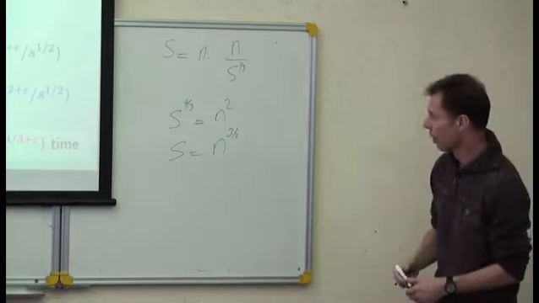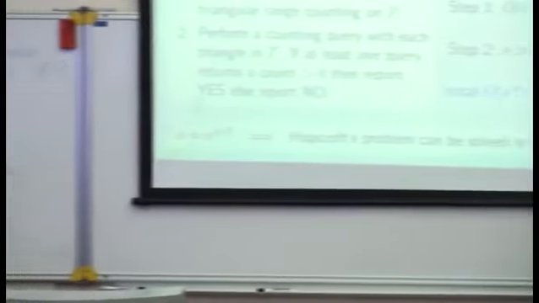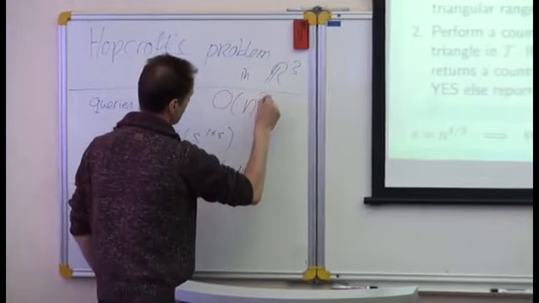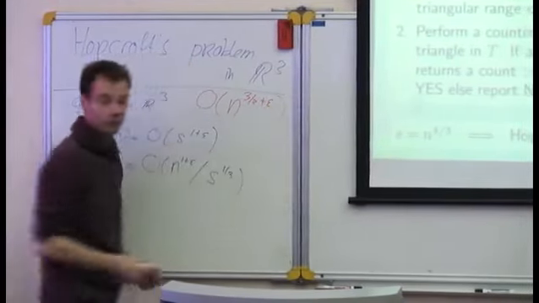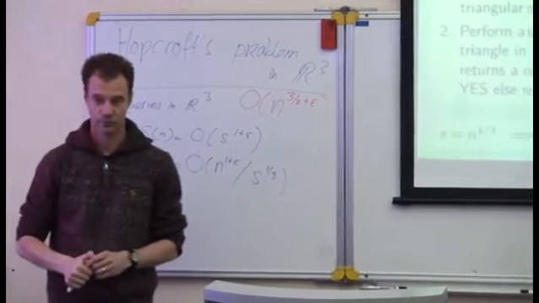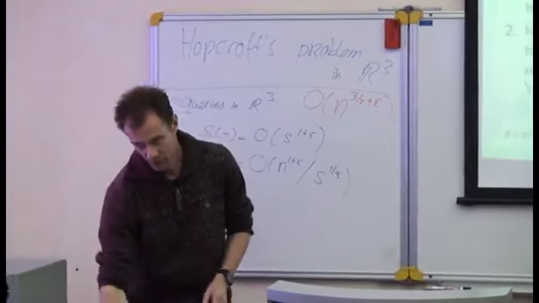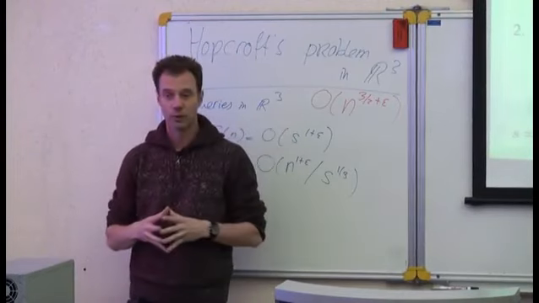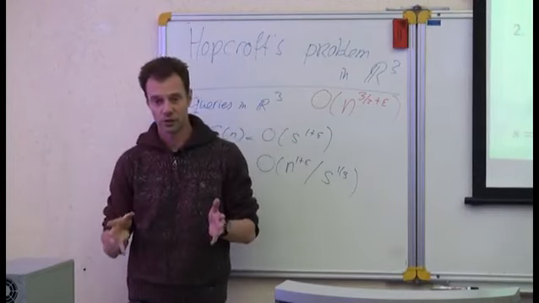Okay, so the Hopcroft problem in 3D, you can solve in n to the 3/2 plus epsilon. And again, these bounds are essentially tight.